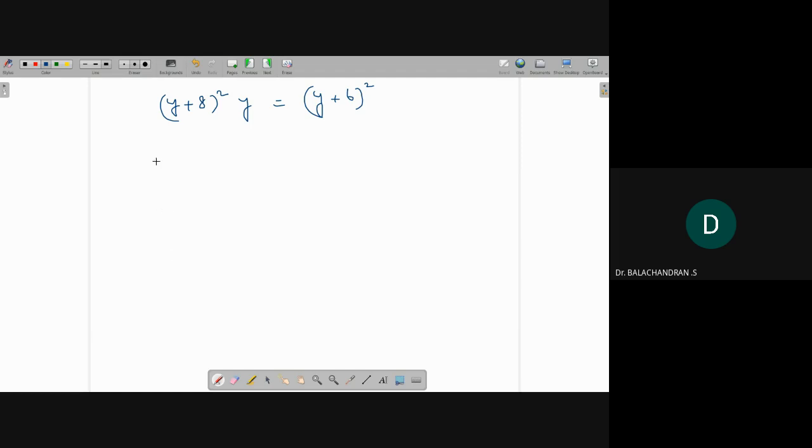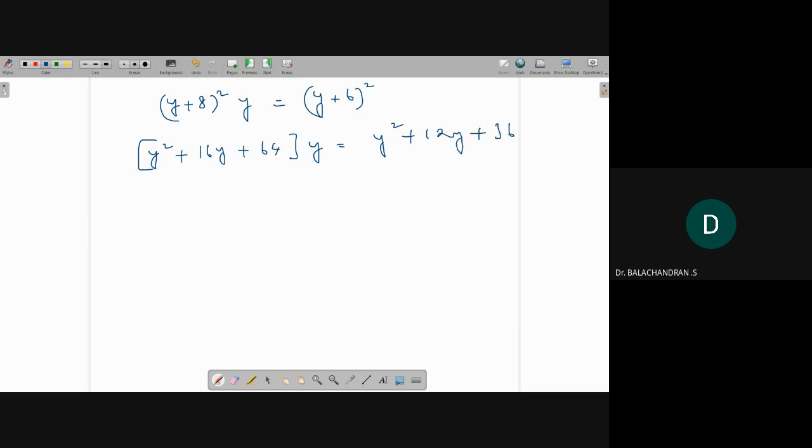If you expand this one, you will get what? y square plus 2ab is what? 16y plus 64 into y is equal to y square plus 12y plus 36.